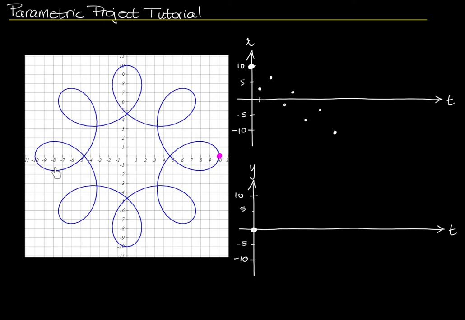My next values are going to be negative 3, negative 7, positive 2, negative 2, negative 3, negative 7, positive 2, negative 2. See the symmetry there? The next one's going to be whatever this is. Nope, other way around.